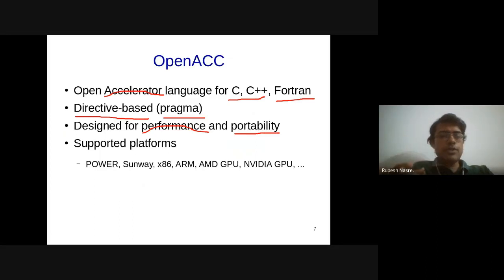If you have an AMD GPU, let's say a Radeon, you can compile and run it on that AMD GPU. If you have an x86 CPU or MIC architecture, the same code without modification will compile and run on this platform. That is a very important aspect of portability, which means that you program once and run anywhere.